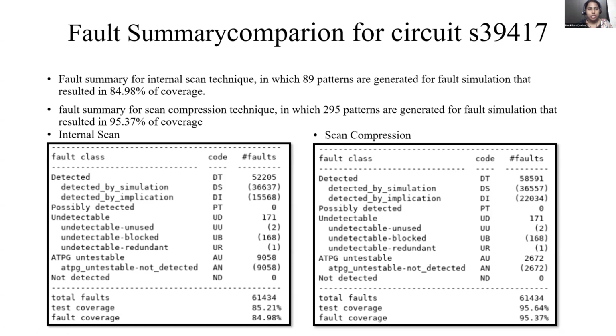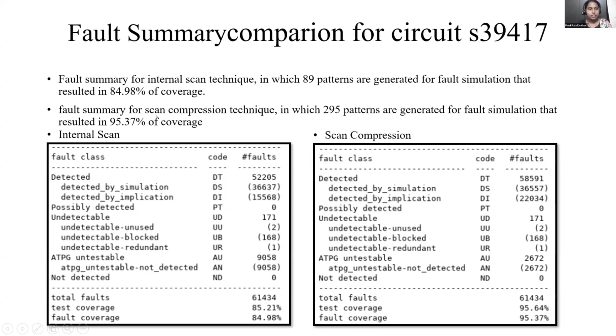By coverage, I mean the number of faults that are present and detected. It is the ratio of detected faults to present faults. And for scan compression, we have 295 patterns, which give us a coverage of 95.37%.